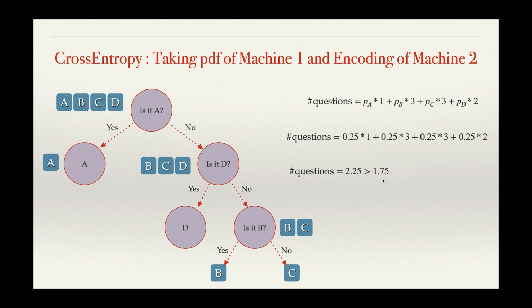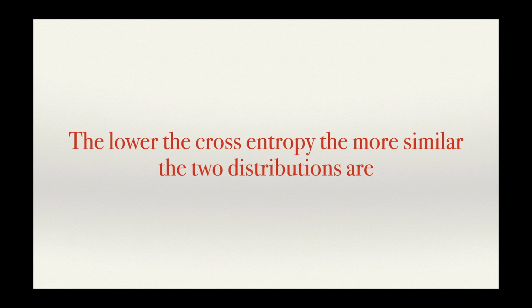When we use a different distribution, we end up with a higher uncertainty, which means we diverged from the original uncertainty, and now we get 2.25 questions we need to ask if we assume we are using the distribution from machine 1.